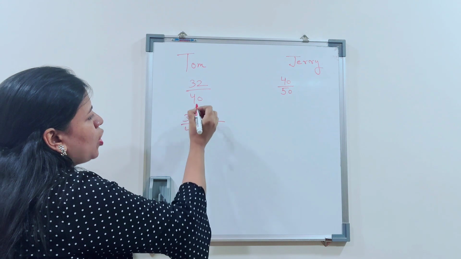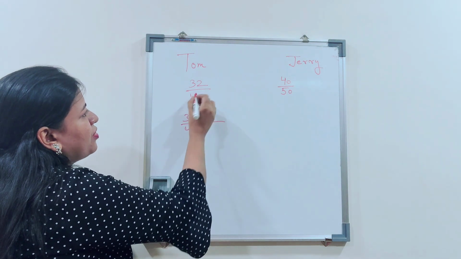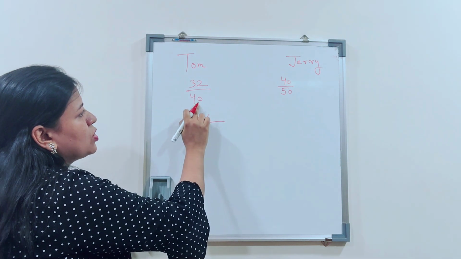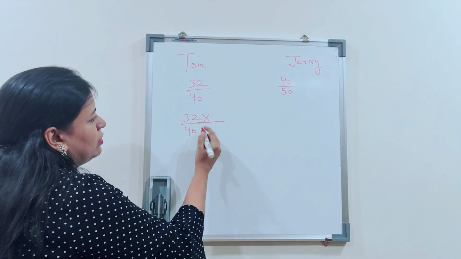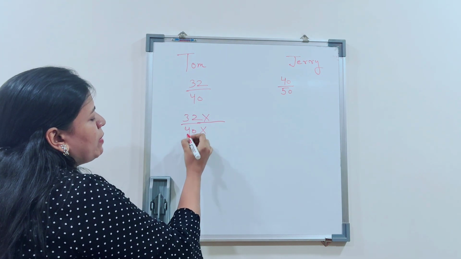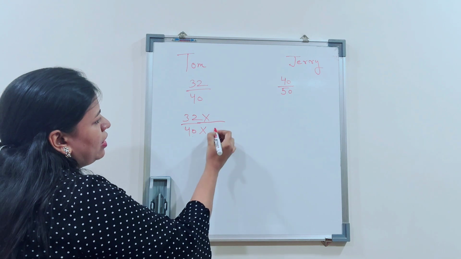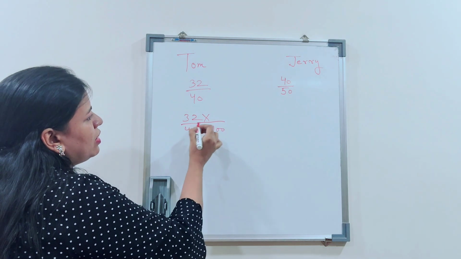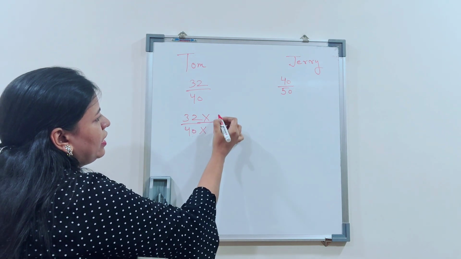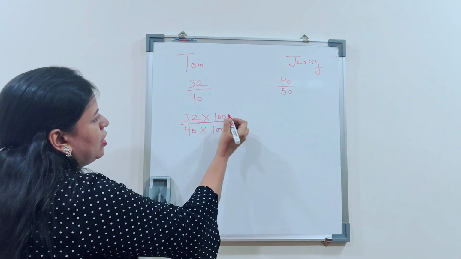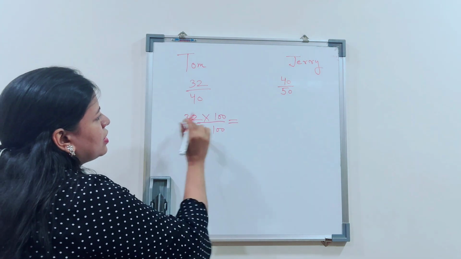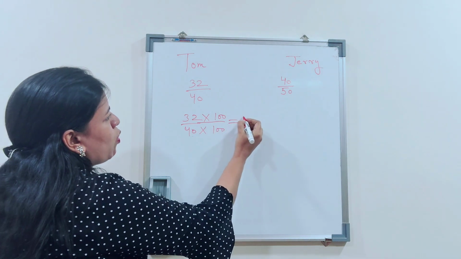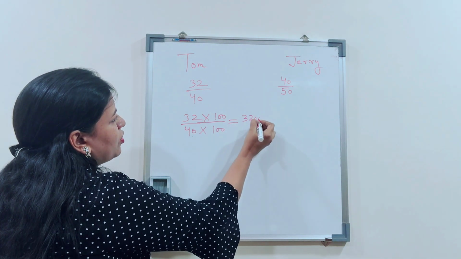We have to make the denominator 100, but since 100 is not divisible by 40, we will use the type 3 method. What we do is, we multiply the denominator 40 with 100. Similarly, we multiply the numerator 32 with 100. Now, 32 multiplied by 100 gives me what? 3200.